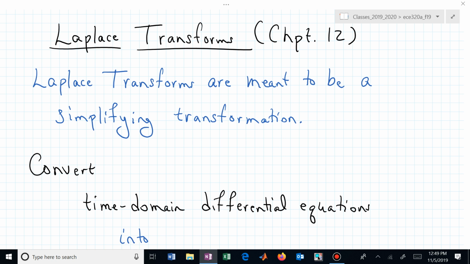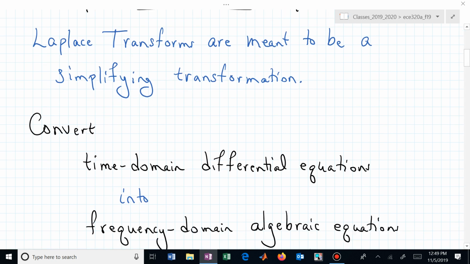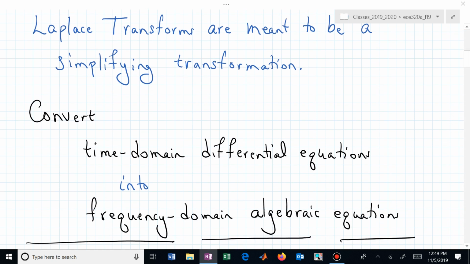And it's really meant to make our life easier. It's meant to simplify things. It allows us to convert from one domain into another. It's allowing us to not have to worry about solving differential equations directly, but solving algebraic equations to solve those differential equations indirectly. We'll go into the frequency domain, do some algebra.